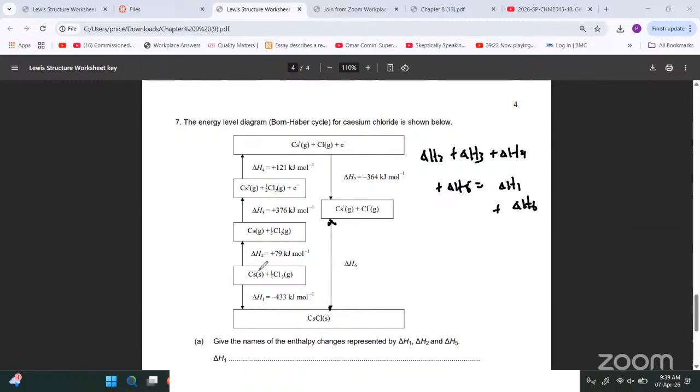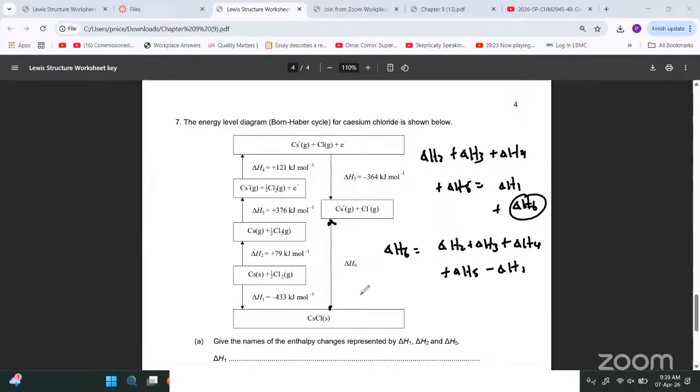Because going from here all the way around to here will use the same energy change as going from here to here. What the question is asking for is delta H6. So delta H6 will be equal to delta H2 plus delta H3 plus delta H4 plus delta H5 minus delta H1.